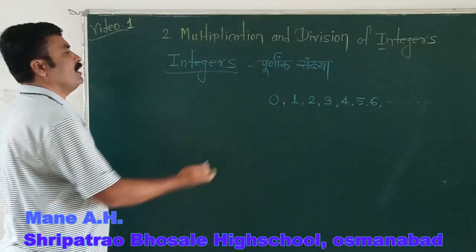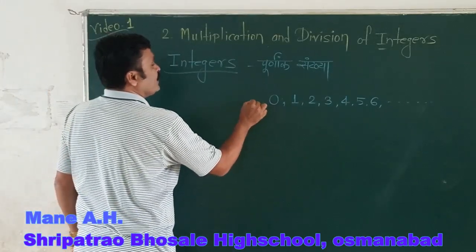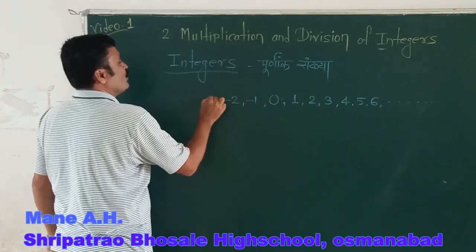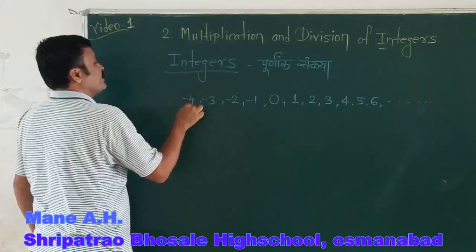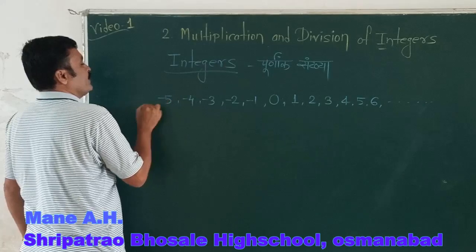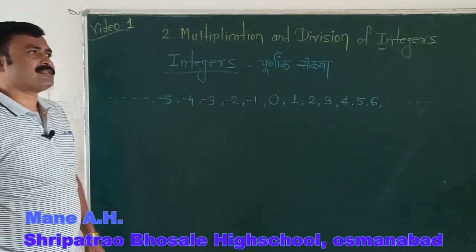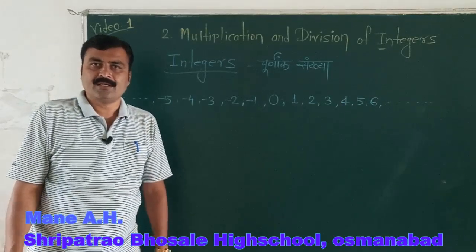And at the left of this 0, we are taking the numbers like -1, -2, -3, -4, -5, and so on. This is the group of integers.